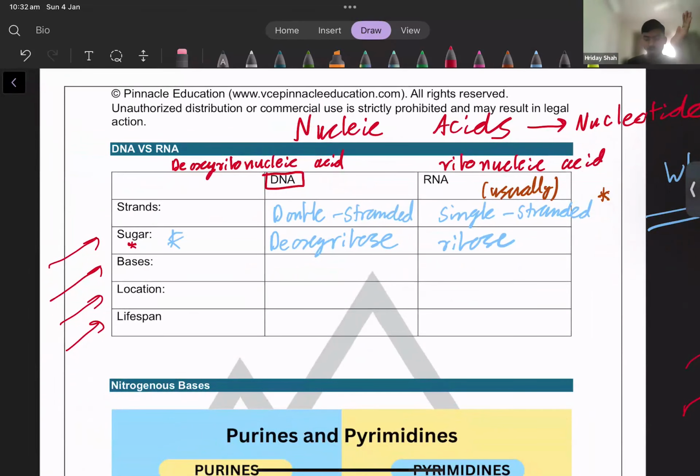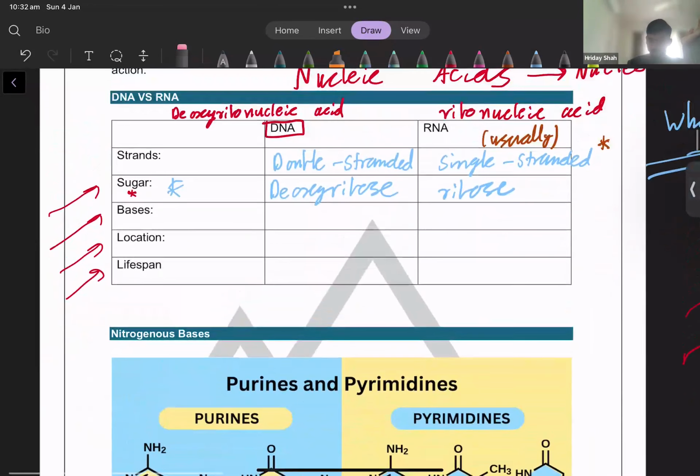Okay. Next, we have the nitrogenous bases. You can see that's the next topic.